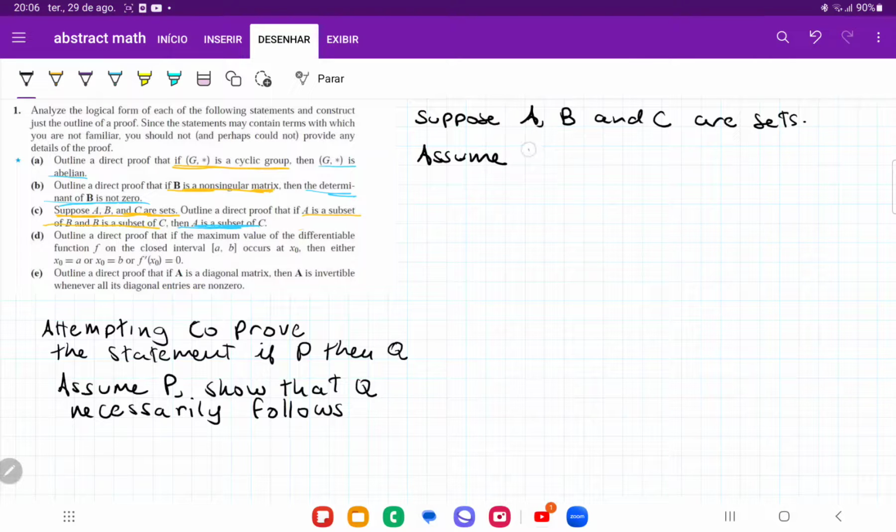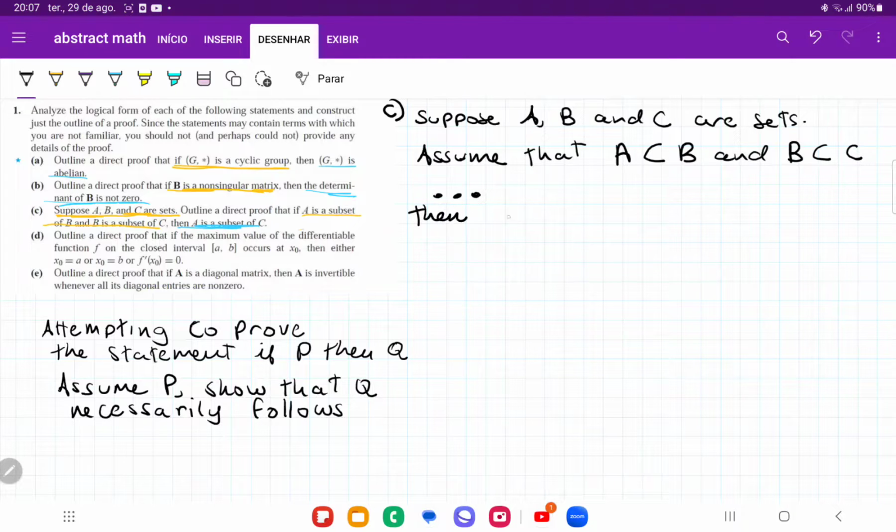So assume that A is a subset of B, and B is a subset of C. Once we have assumed this, then we would work our proof, and actually I should put the item here, and then show the conclusion, which is, therefore, then A is a subset of C. So we have assumed the hypothesis and shown that the conclusion necessarily follows.